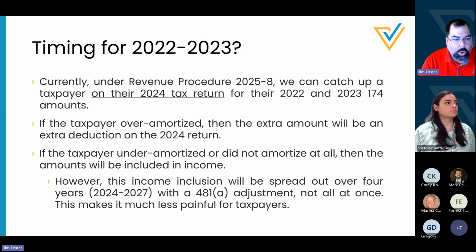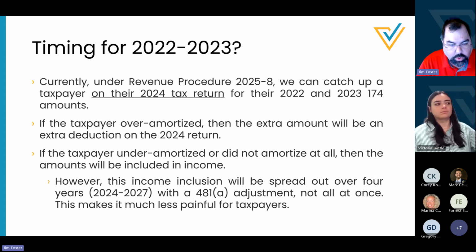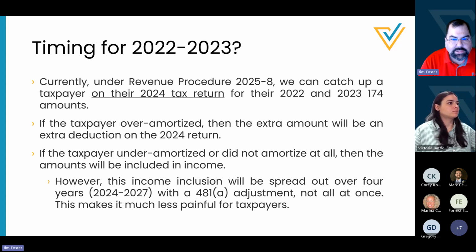Now, if you over-amortized in a past year, which I have seen, then that extra amount will be an extra deduction on the 24 return. I had one client that had worked with a provider that was very aggressive on 174 and said, oh, here, this is all 174, and put down $2 million.